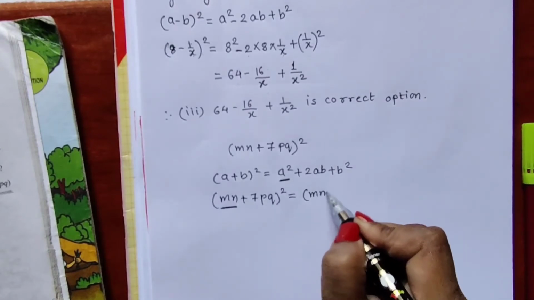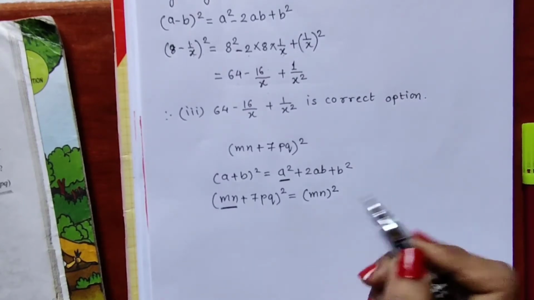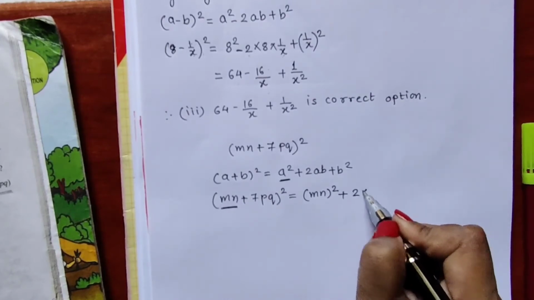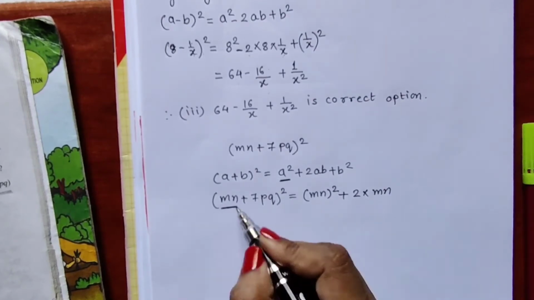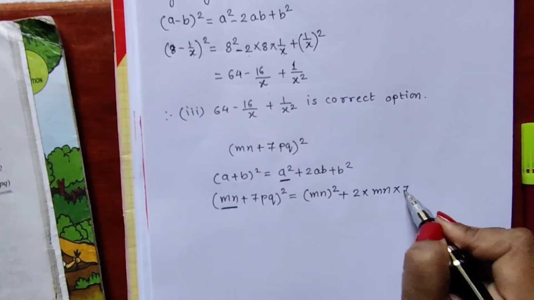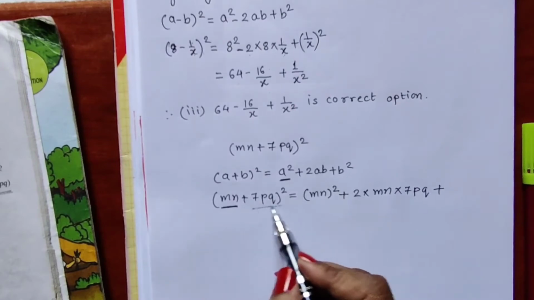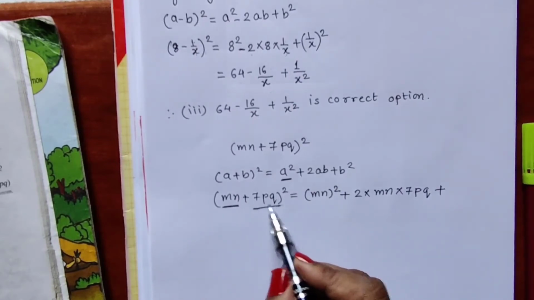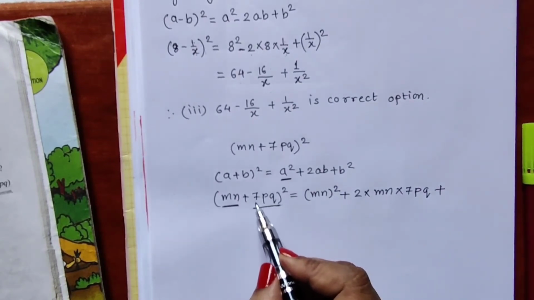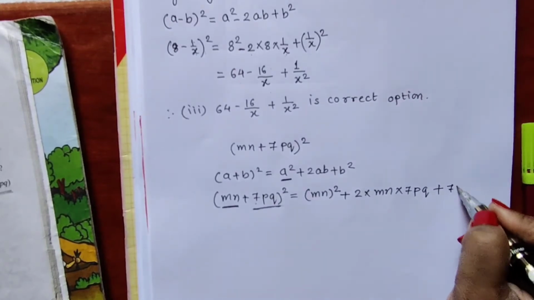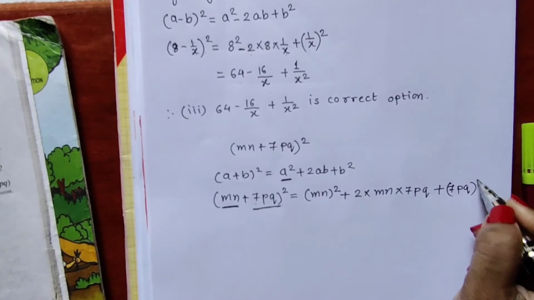So mn whole square, 2 variables are there, that's why I have to put it inside the bracket, plus 2 into first term mn multiplied by second term 7pq, plus second term square, second term is 7pq, with 2 variables and 1 coefficient we have to write. So it will be 7pq whole square.